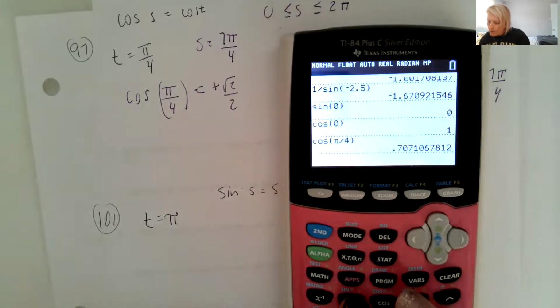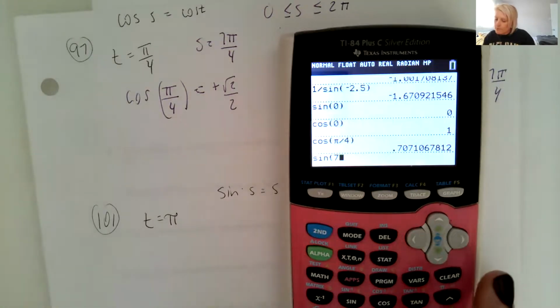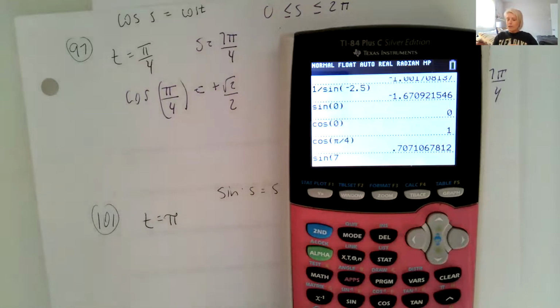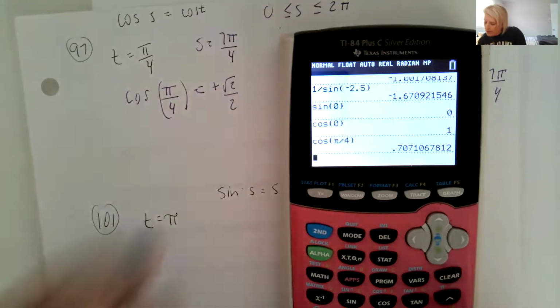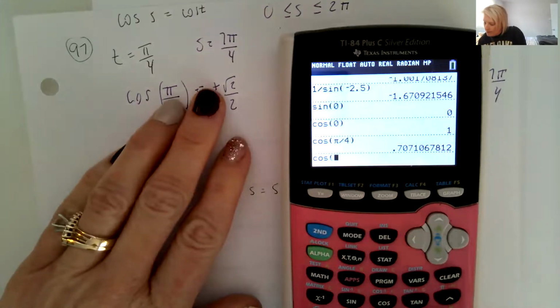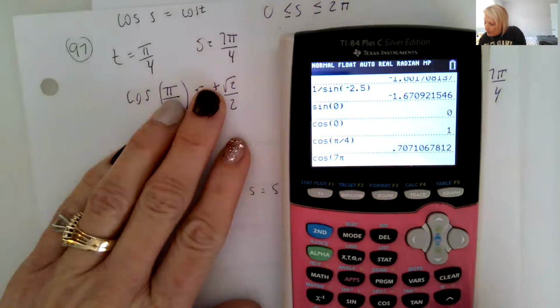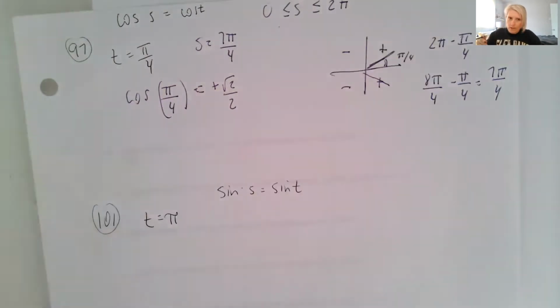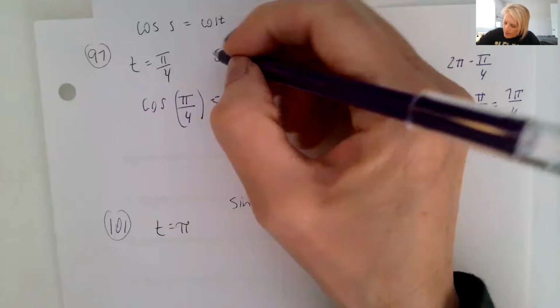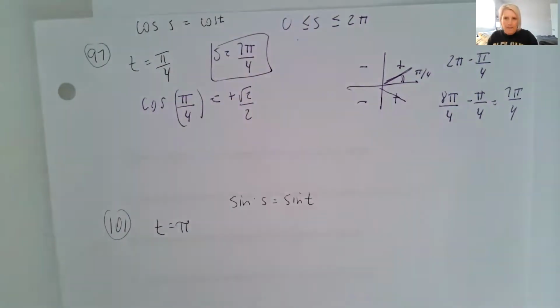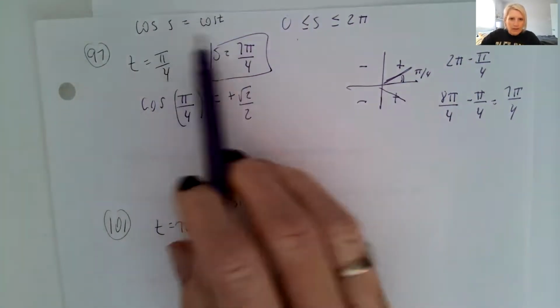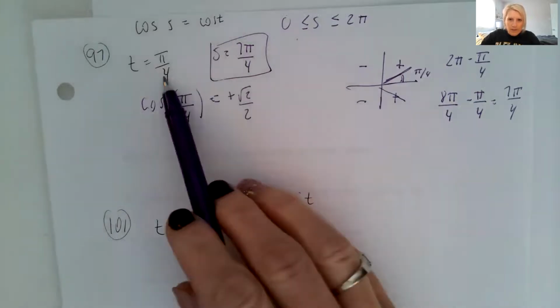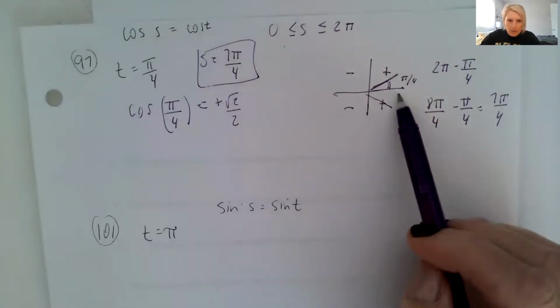And then we should be able to do cosine of this angle, cosine of 7 pi over 4, and that should also be positive. So we did it correct. So S should be this. We're looking for angles that can't be the same angle. They have to be different and they have to be within 0 to 2 pi.